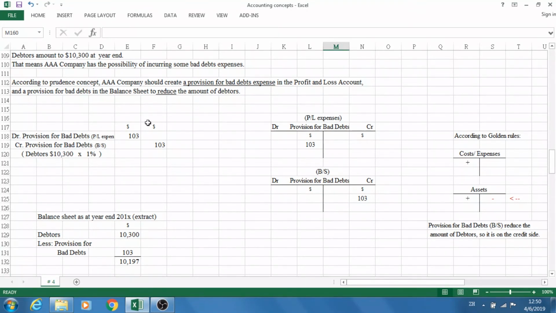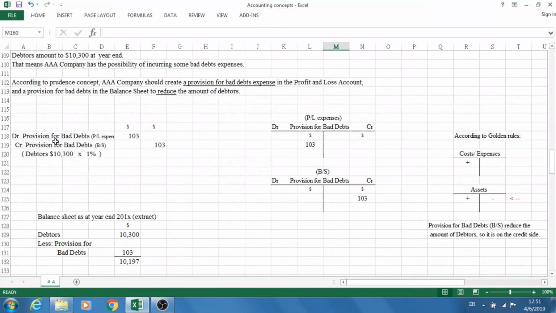The journal entry should be debit provision for bad debt expenses 103, credit provision for bad debts on balance sheet 103. Calculation of this figure is equal to debtors 10,300 times 1%. Then follow this journal to post to the ledger accounts.